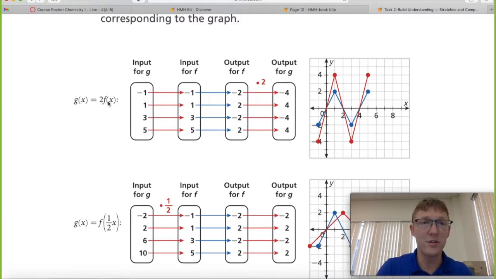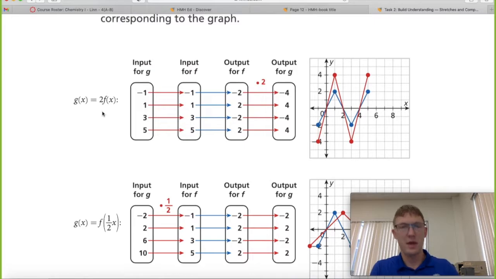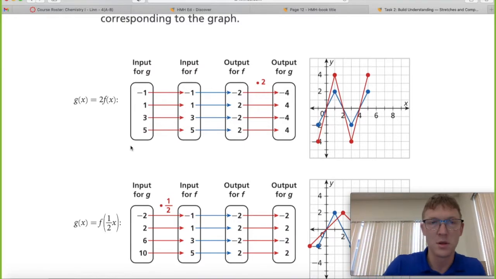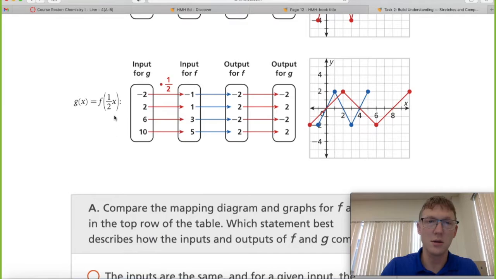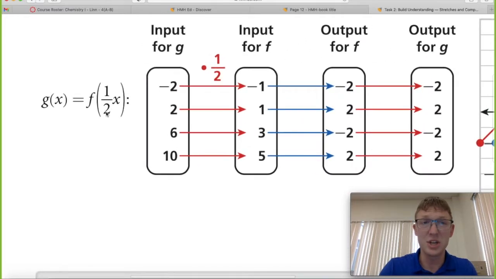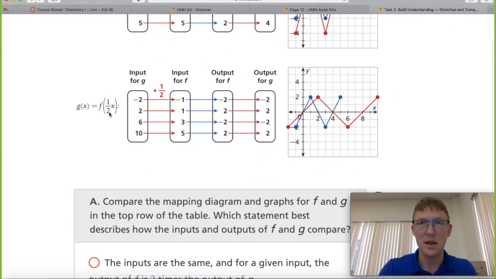Now, if this 2 were a 1/2 or any number less than 1 and not negative, then you would have a vertical compression. It would squeeze smaller. So in the same way here, the parameter in this case is 2, and it's 1/2, is a vertical stretch.